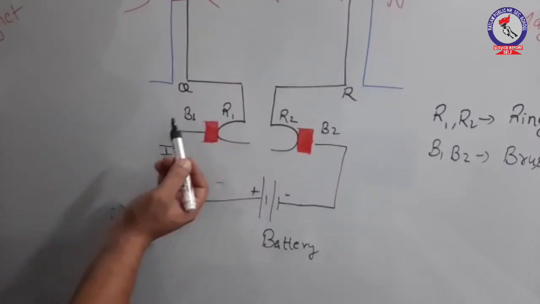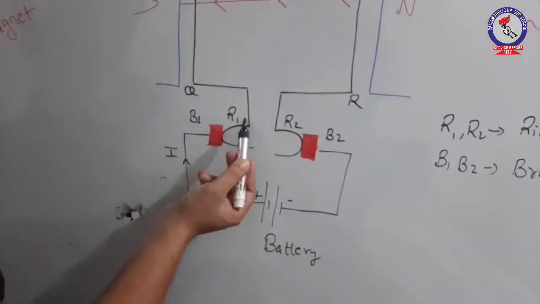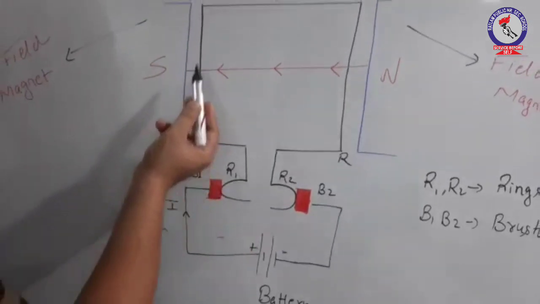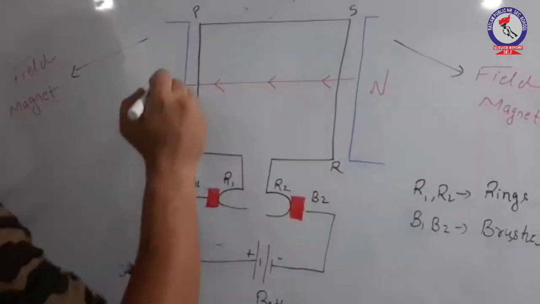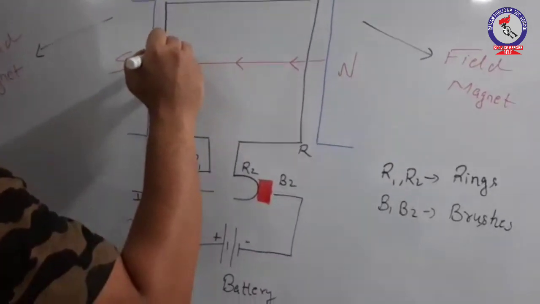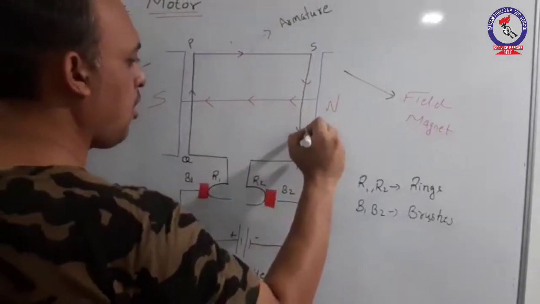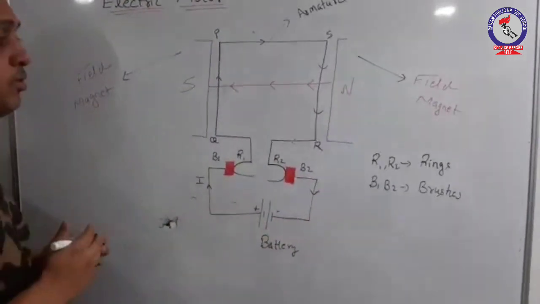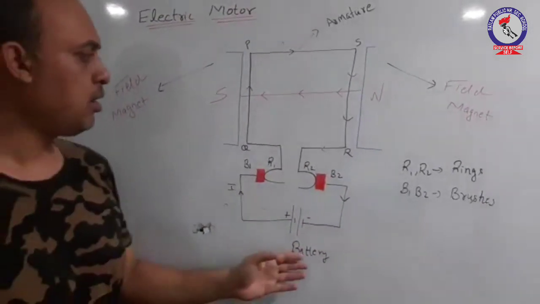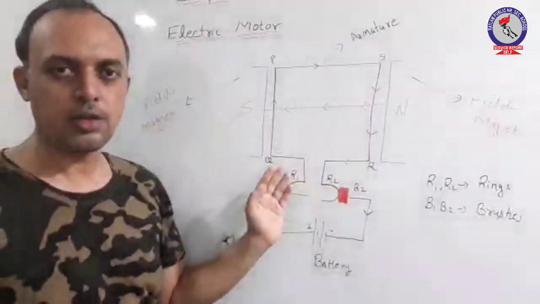The positive terminal is connected to brush B1, which is connected to ring R1, and the ring is connected to arm PQ of armature PQRS. As you can observe from the given battery, the armature carries a current in clockwise direction.